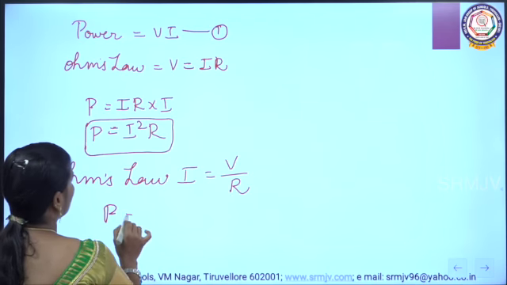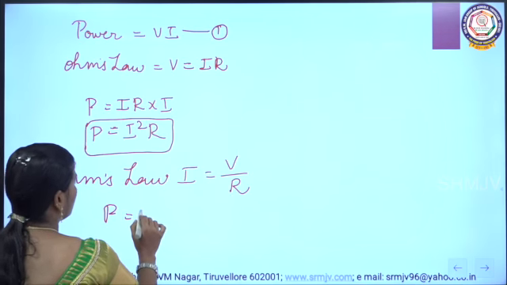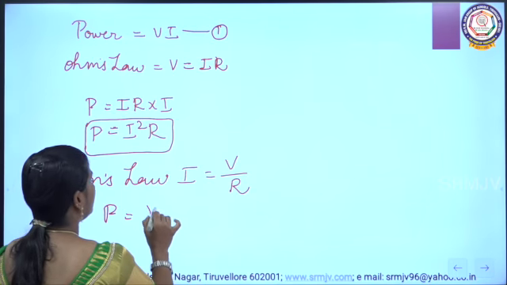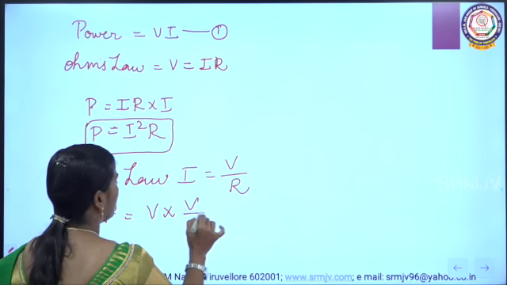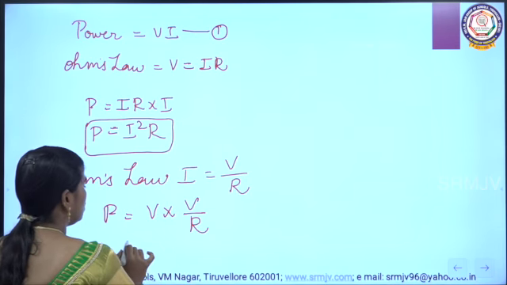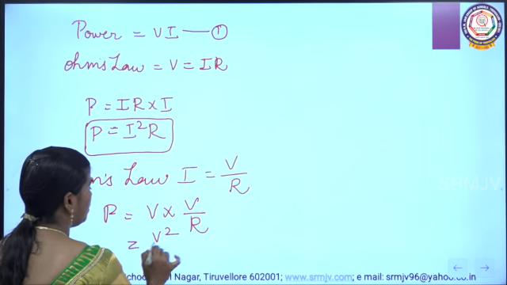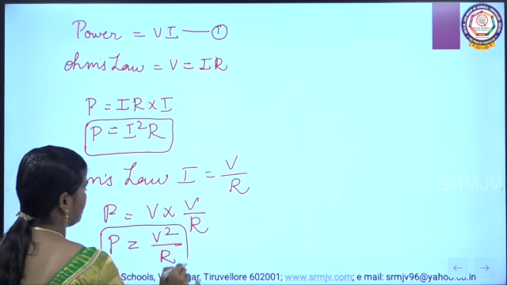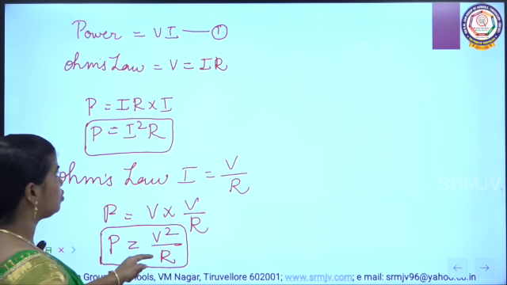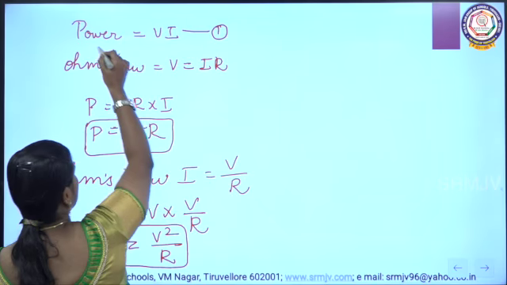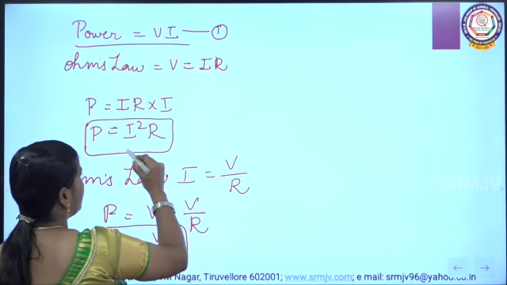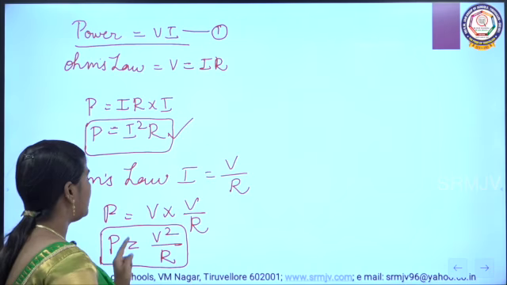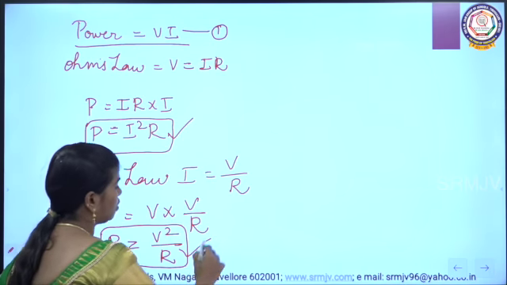So, P is equal to V into V by R, so this will become V squared by R. So, power can be written as P is equal to VI, or otherwise P is equal to I squared R, or otherwise P is equal to V squared by R.